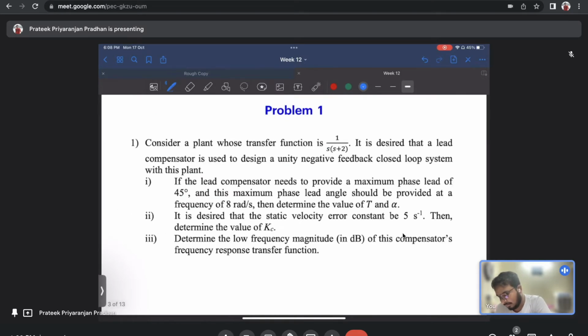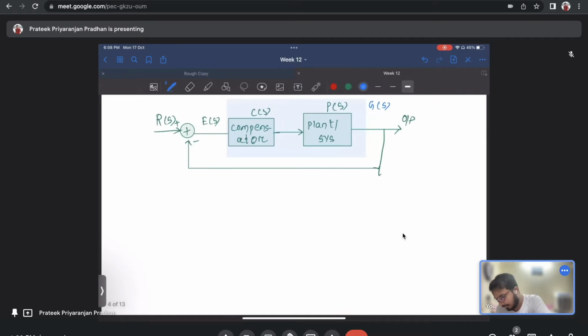This is called P of S, so the plant transfer function is given. It is desired that a lead compensator be designed. So remember the lead compensator. For the lead compensator, what is the transfer function?